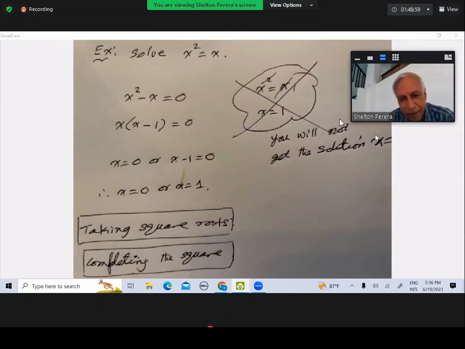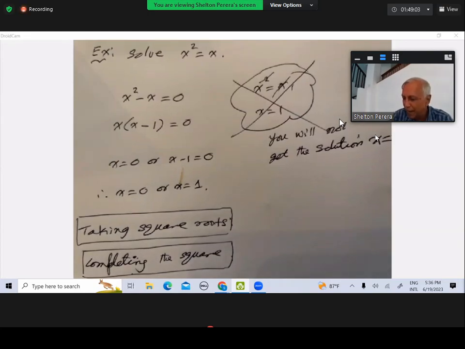Completing the square, I shall skip. I will ask you to read, and then we shall go to the quadratic formula. Quadratic formula.